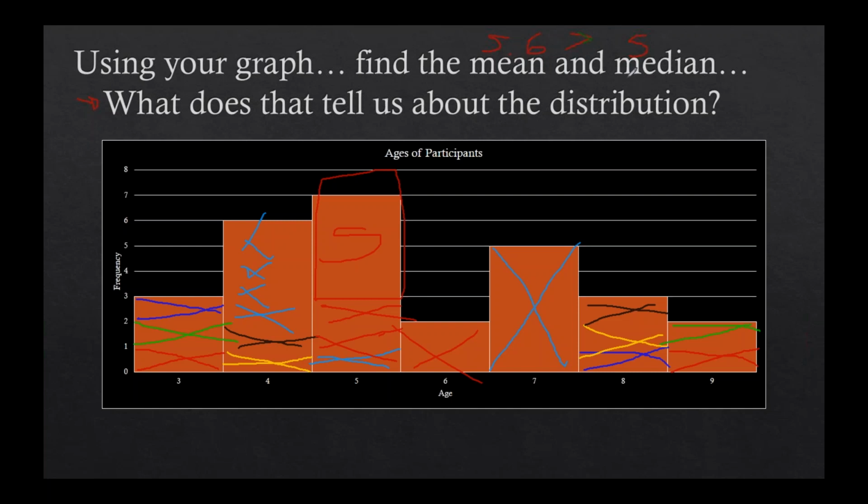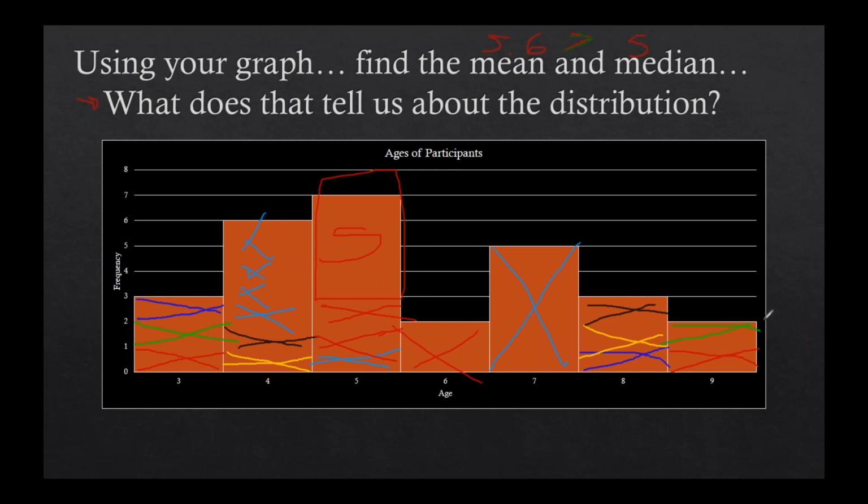If it's pointing to the right, what does it mean? This would be skewed which direction? Exactly, Kara. It's skewed right. And that's why we put the inequality symbol there. Mean versus median. If it's greater than, it points to the right, it's skewed right.